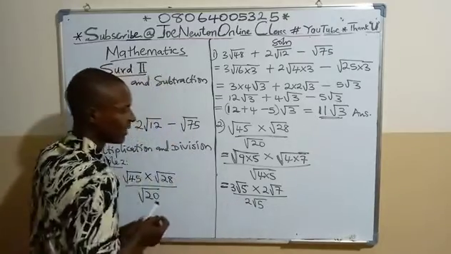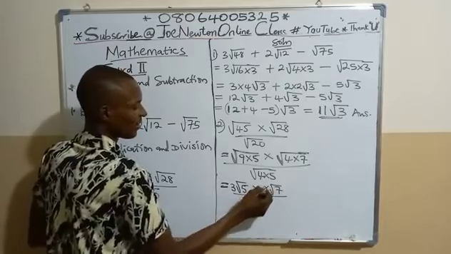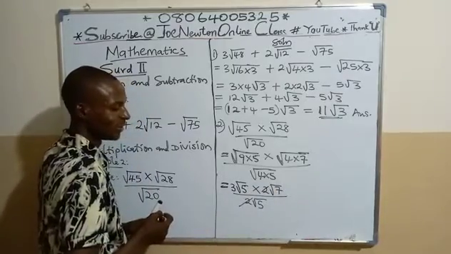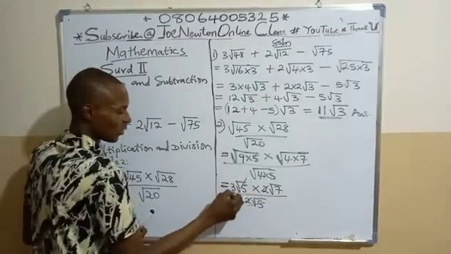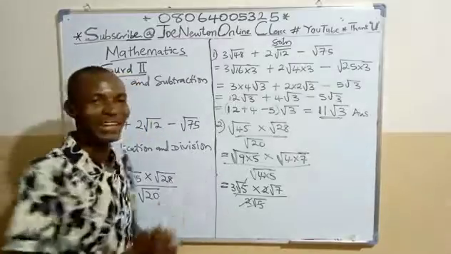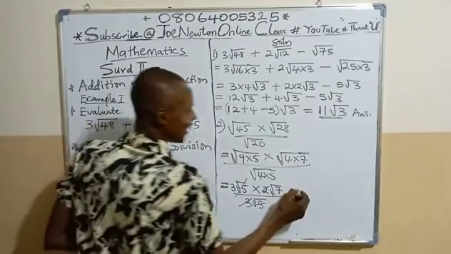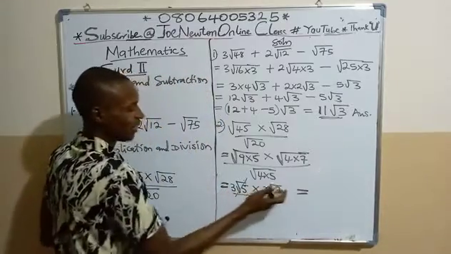Okay, in this case now, it is very simple. You can see that these two here can cancel these two here. Simple. You can see that this root 5 here can cancel root 5, because in division and multiplication, this is applicable. So what we have now, that will give us finally, we have 3 here, we have root 7.